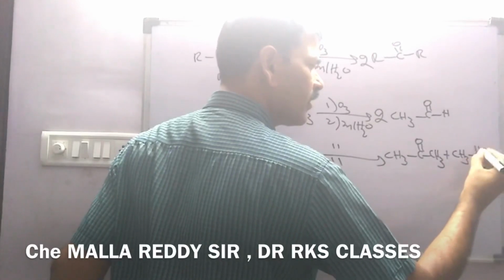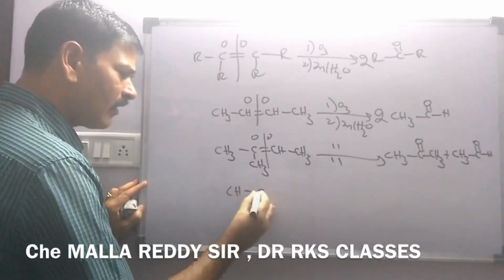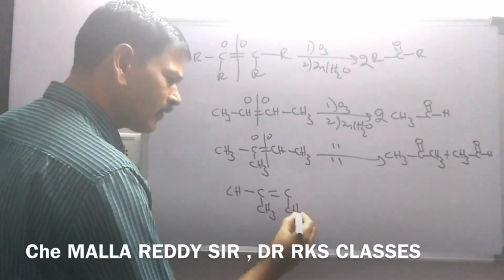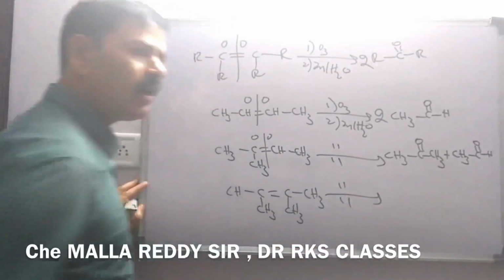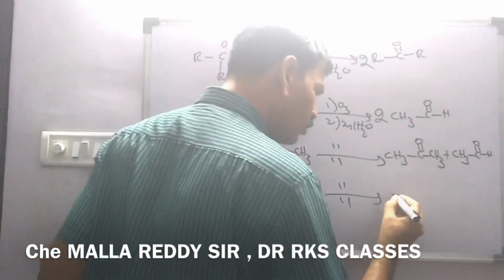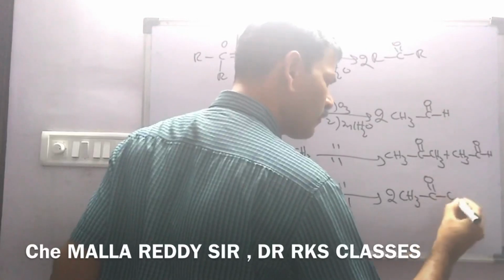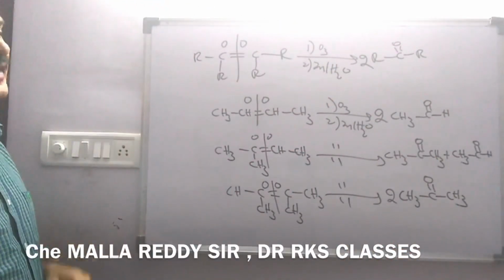If 2,3 dimethyl 2-butene on reductive ozonolysis, you are getting 2 moles of acetone. This is reductive ozonolysis.